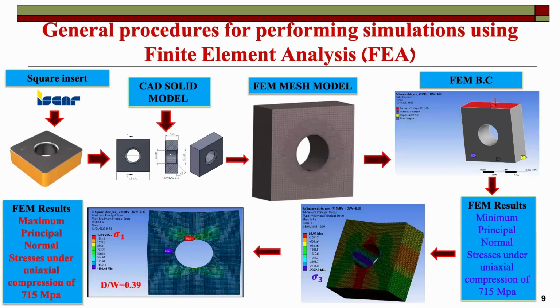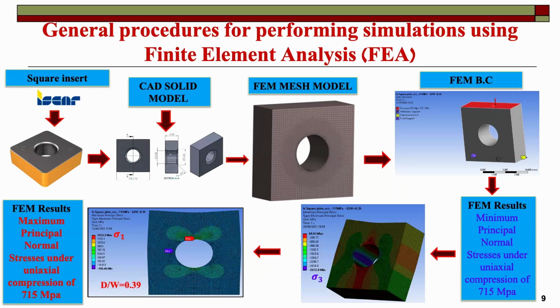So what is the general procedure for performing simulation using finite element analysis? This is practical research from Iscar, one of the leading companies for cutting tools in the world. I make a solid model for the insert, I make a mesh for the whole plate, I make the boundary conditions, and I get the results.